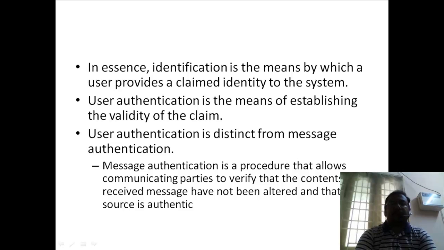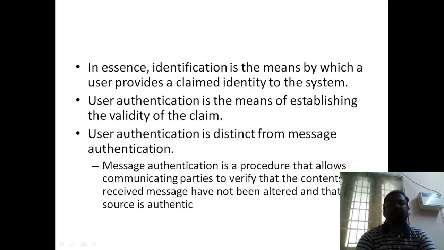Identification is the means by which a user provides a claimed identity to a system. You have a system to work on, and you want to make sure the right person works on the system. This is done by using user authentication. User authentication is a means of establishing the validity of the claim.